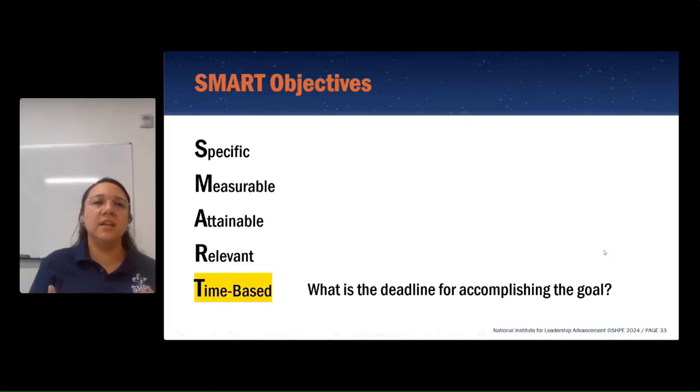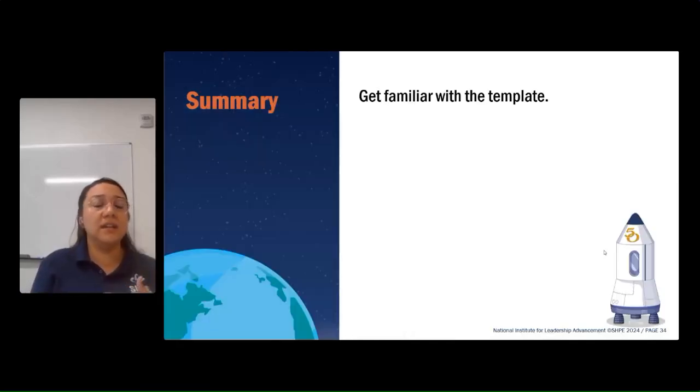So be very cognizant of what it is as a chapter, as a board, as a president that you want to accomplish, how you're going to do that, what that timeline looks like, and what best fits the skill sets that you and your board have. So that's kind of what the SMART analysis is trying to get you to do.